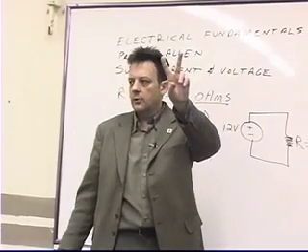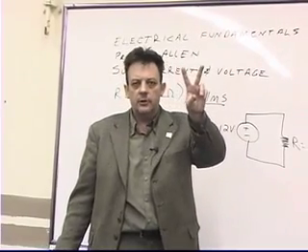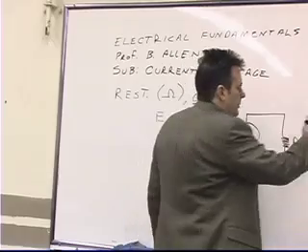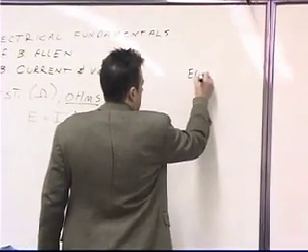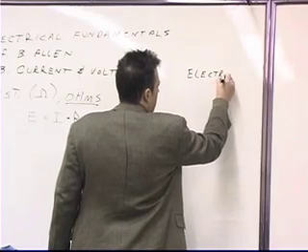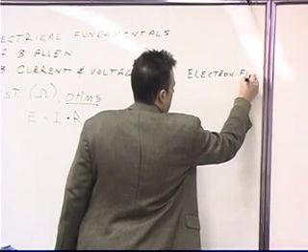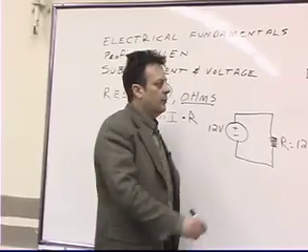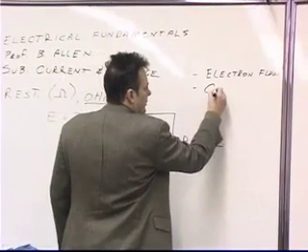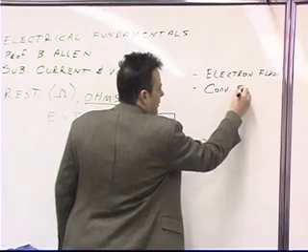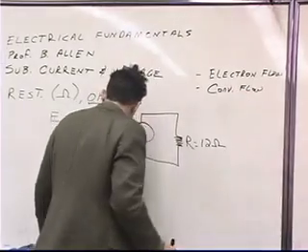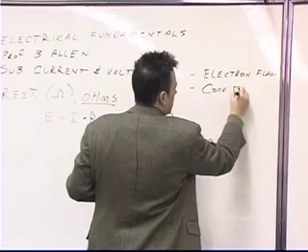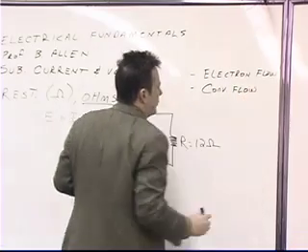Two different types of currents that are studied in the study of electrical engineering technology. Okay? One of them is electron flow theory, and the other one is conventional flow theory.